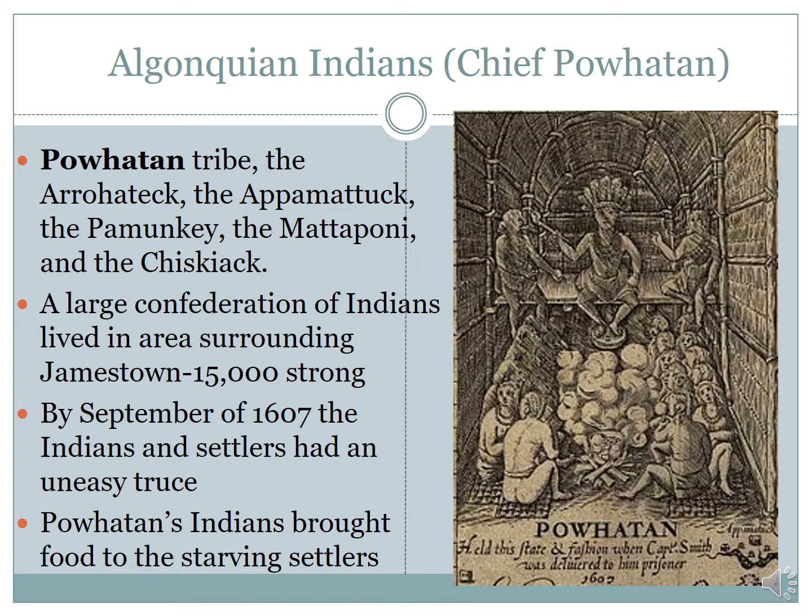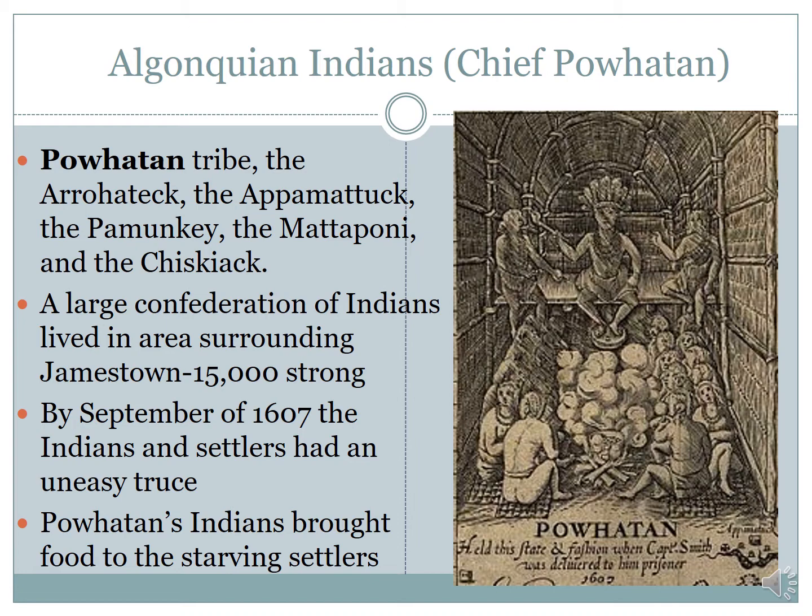Okay, so as I mentioned, when they land, they set up this fort, and they're really not aware of the fact that they are surrounded by this very powerful confederacy of Indians. And the chief amongst them is Powhatan.